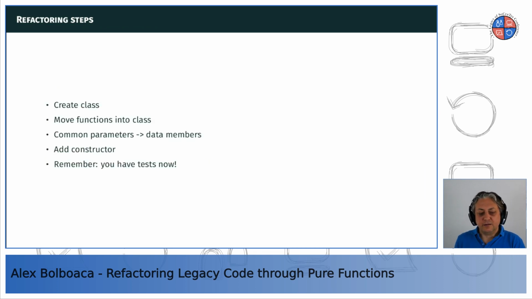So then, if you see these types of things, you create a class, you move the functions into the class, the common parameters become the data members, you write the constructor, but now you also have tests because you've written them. And those tests can easily be translated and refactored, by adding a few setup steps, to work for your new class.